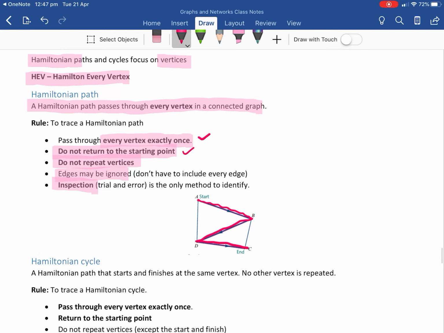We haven't returned to the starting point, so that's good. We haven't touched any vertex twice, so that's good. We have ignored some edges. Whether that happens or not, it doesn't really matter; it's just something to be aware of. So by looking at it, we can tell that this is a Hamiltonian path.